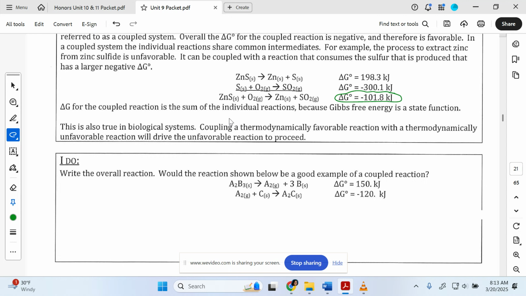All right, here we need to write an overall reaction. Would this be a good example of a coupled reaction? Here we have A2. What vocabulary term do we give A2?